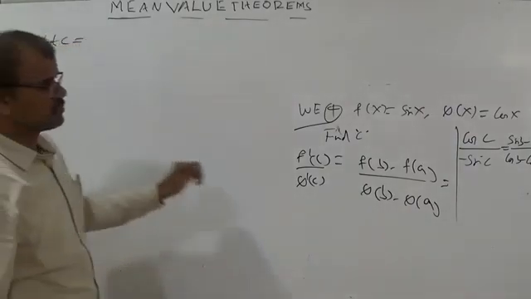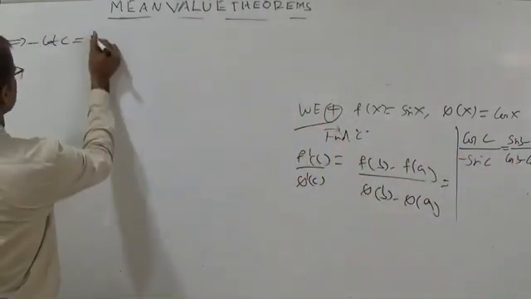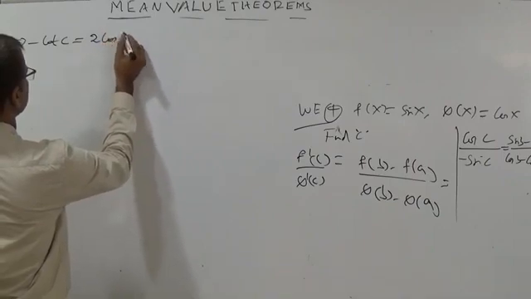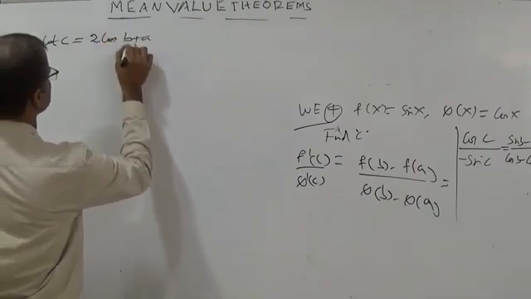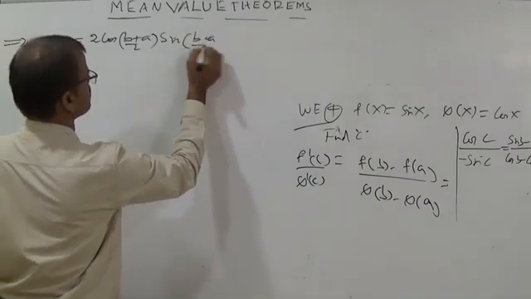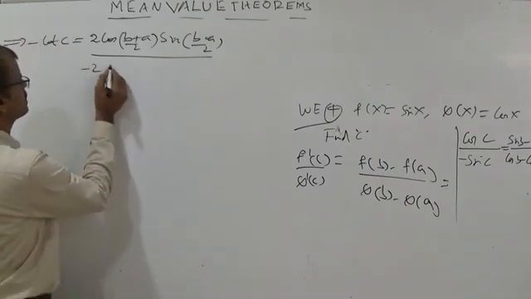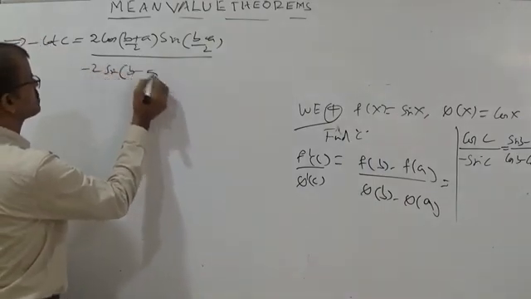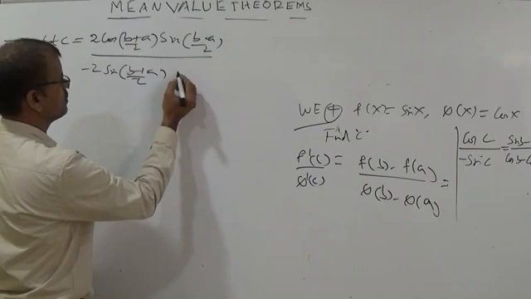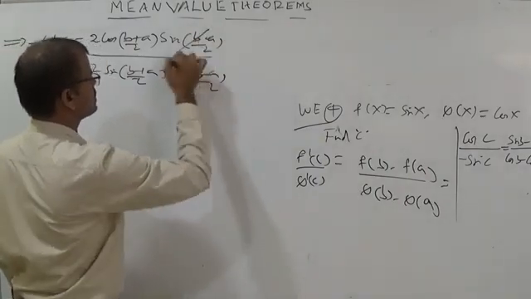Minus cot c is equal to, students, using the sin c minus sin d formula, 2 cos of b plus a by 2 into sin of b minus a by 2, whole by cos b minus cos a formula, minus 2 sin of b plus a by 2 into sin of b minus a by 2.